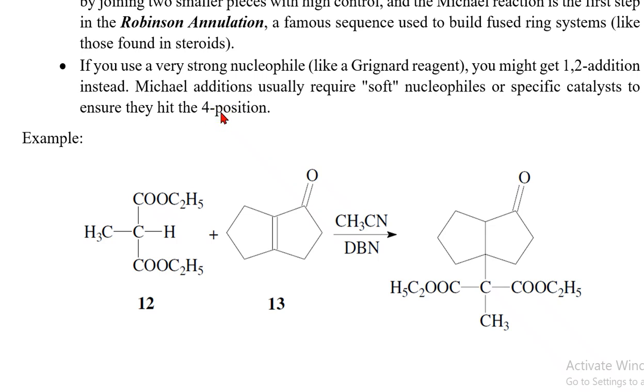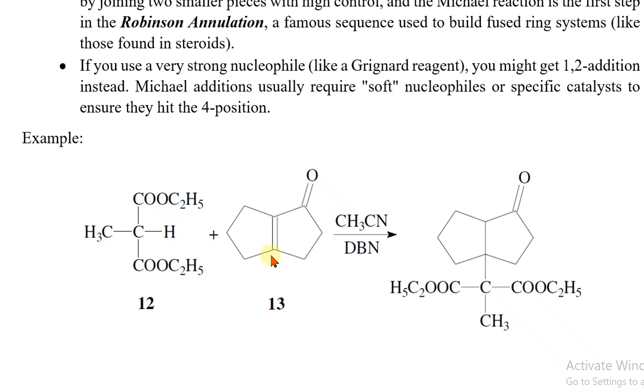Our carbanions are stabilized by resonance or another factor, so they are not very strong nucleophiles. Now, if you look at this example, we have this compound, and this proton is acidic. Using base, this proton can be removed to generate the carbanion, and the carbanion will be added to this position here, not this position.